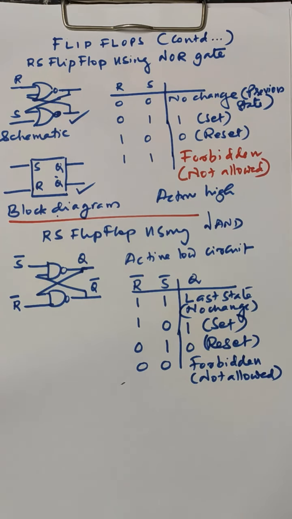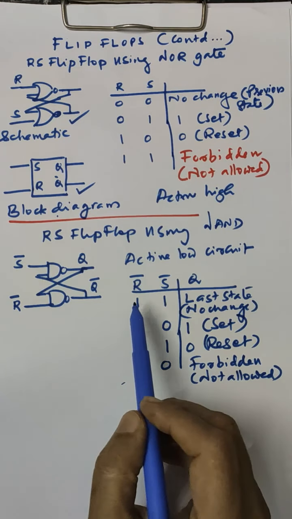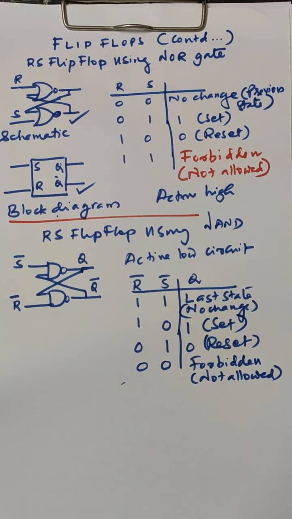Since it is difficult to handle these two, while describing or studying, it may create confusion, these two types of input conditions and two types of truth table. We can modify the second one, this flip-flop, in such a way that it also behaves like a positive or active high input circuit. It is behaving like a flip-flop which is constructed using NOR gate.